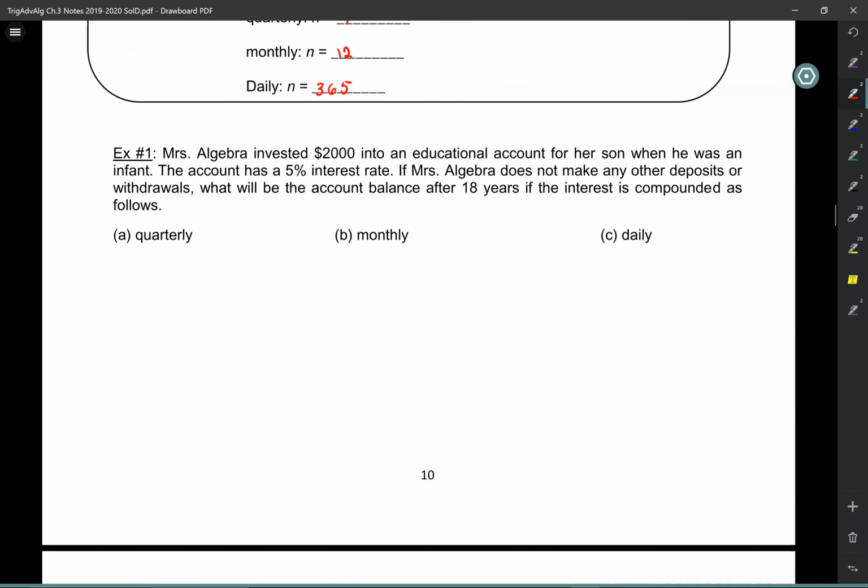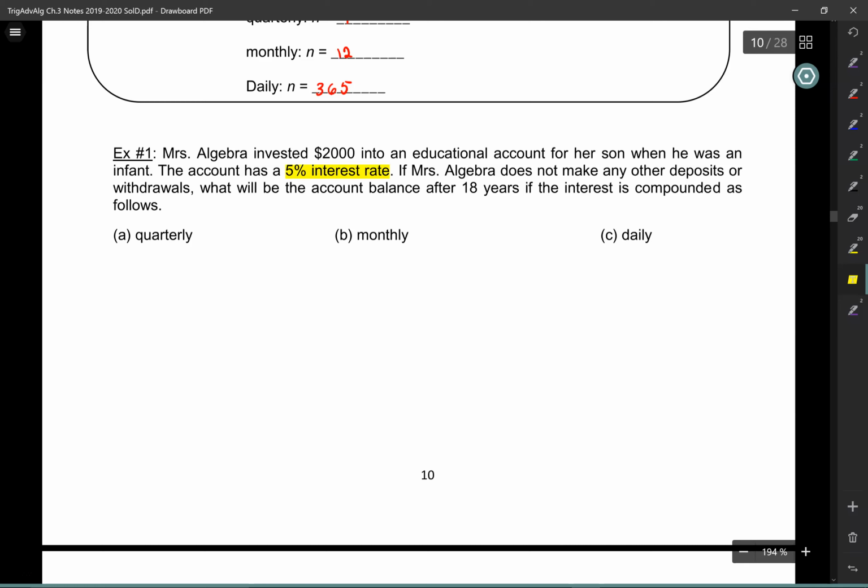Okay, so here we go. Mrs. Algebra invested $2,000 into an educational account for her son. Her maiden name was Miss Trig, and so now she's Miss Trig Algebra. When he was an infant, the account has a 5% interest rate.